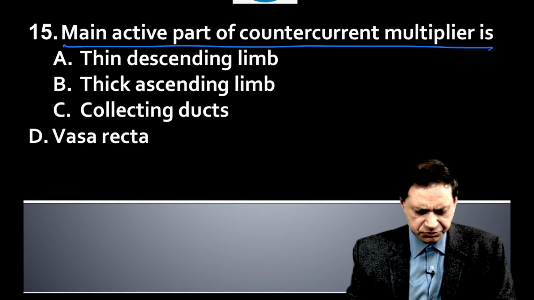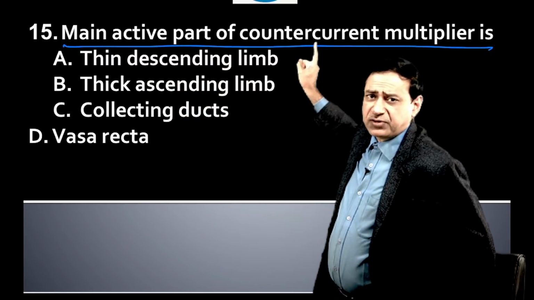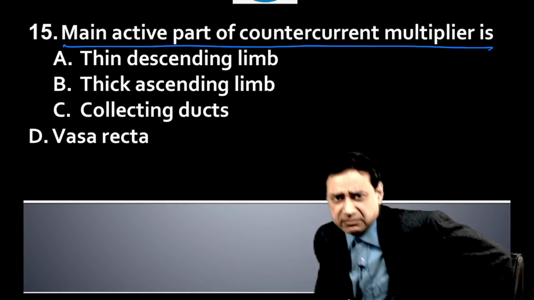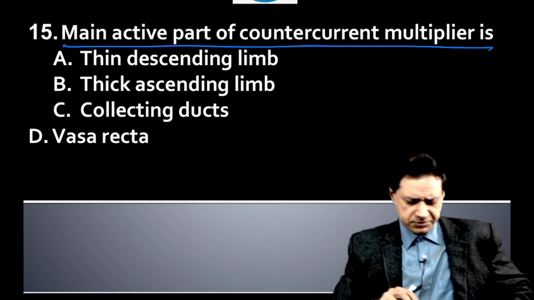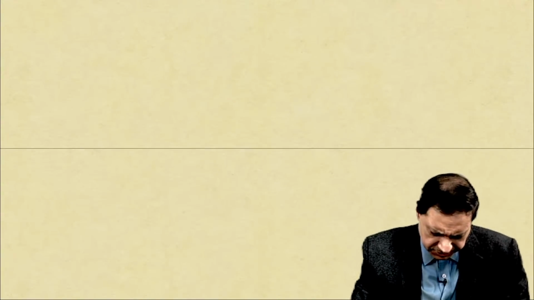Okay, just see this question. The main active part of the countercurrent multiplier is, just see this.